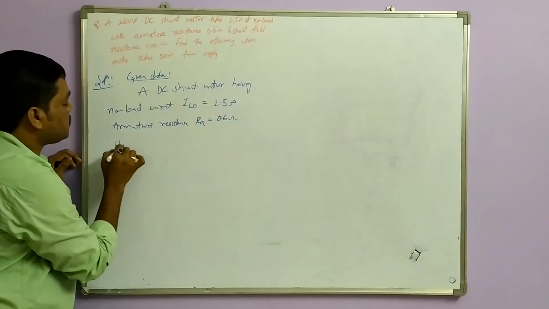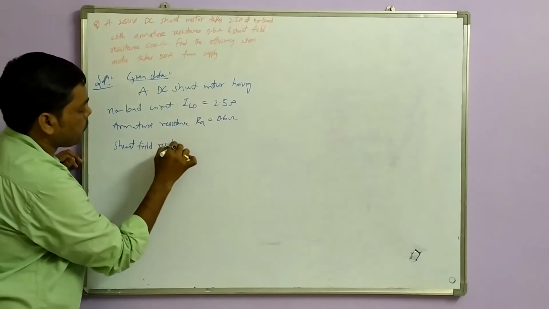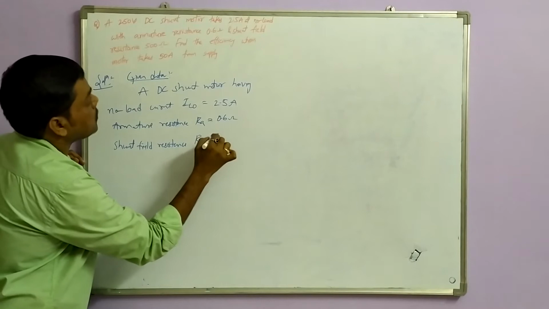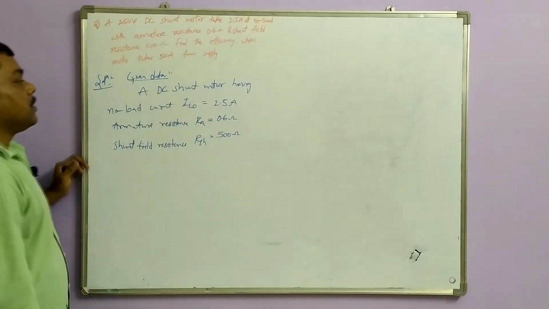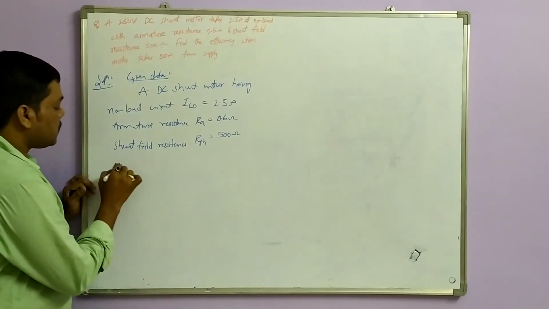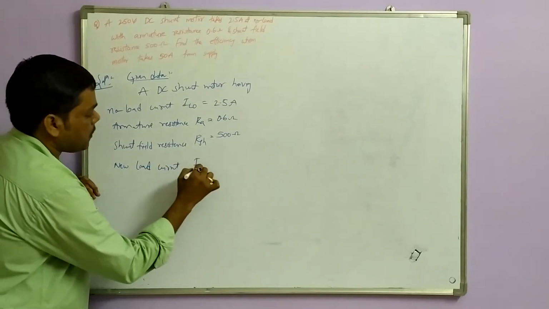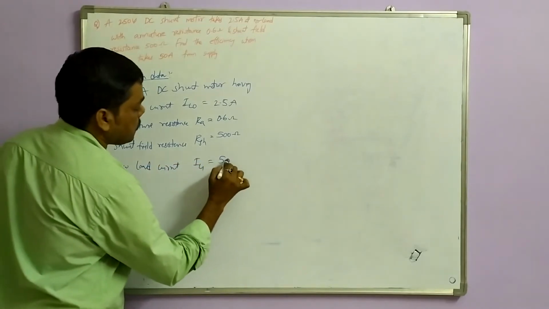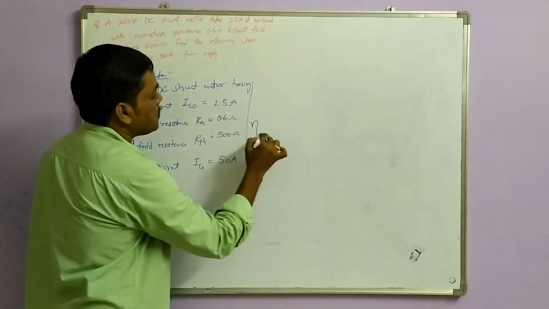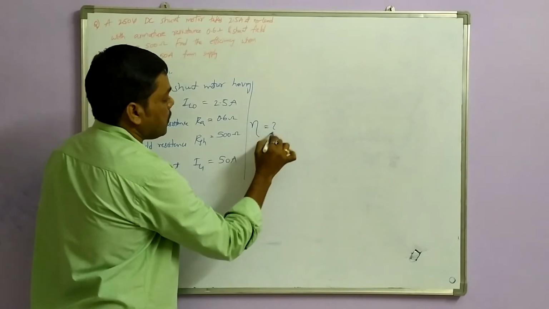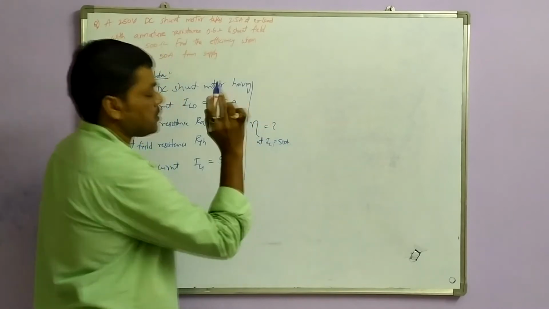Shunt field resistance RSH is equal to 500 ohms. Now the new load current IL1 is given, that is 50 amperes. Now we have to find the efficiency at IL1 equal to 50 amperes.